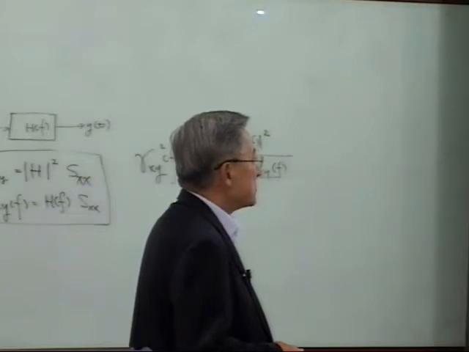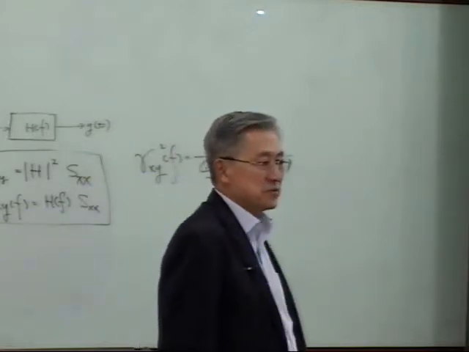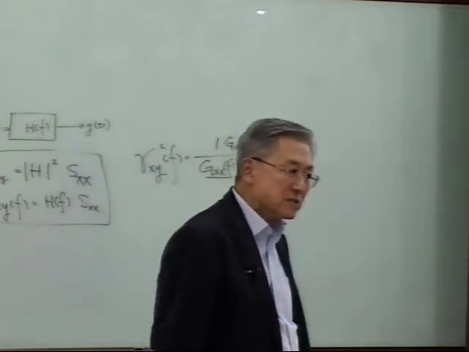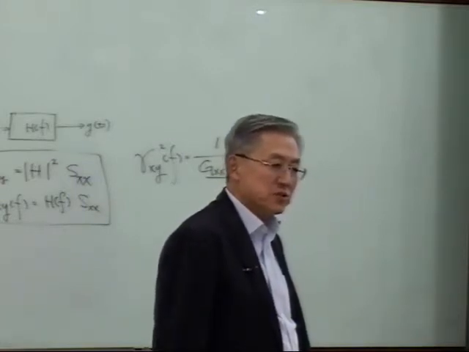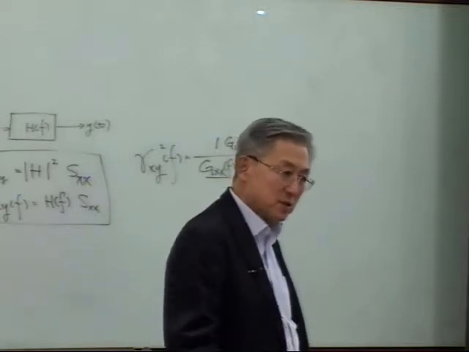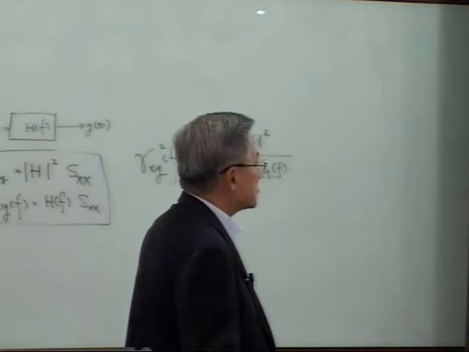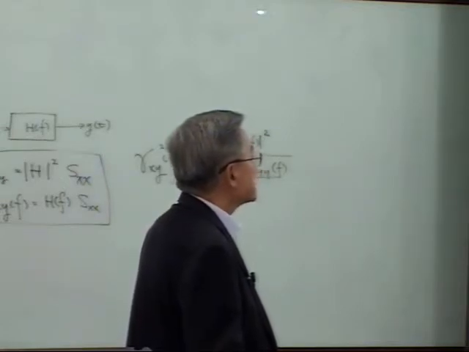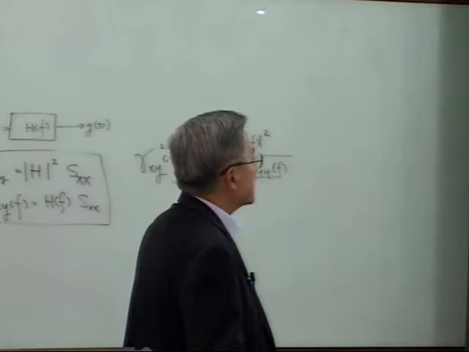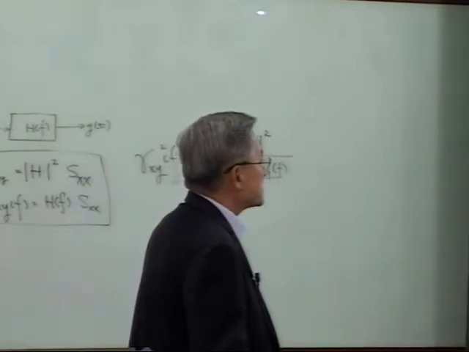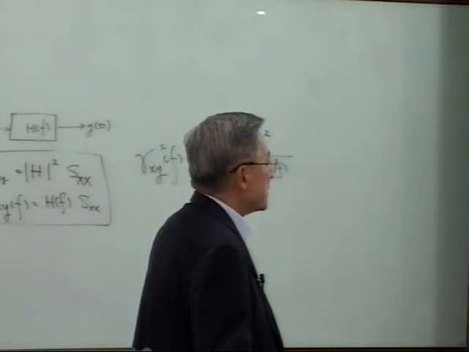Then GVV, you can calculate GVV. You cannot directly measure the GVV, but you can calculate it. So gamma xy square is GVV divided by GYY. If you do that, it is 1 minus GNN over GXX.